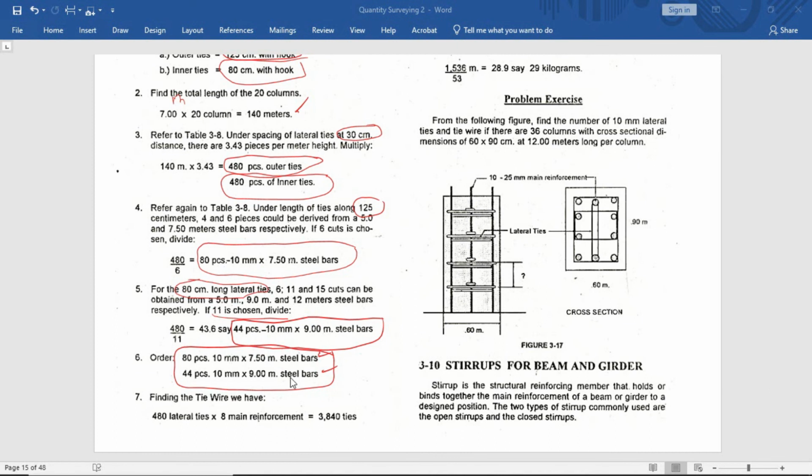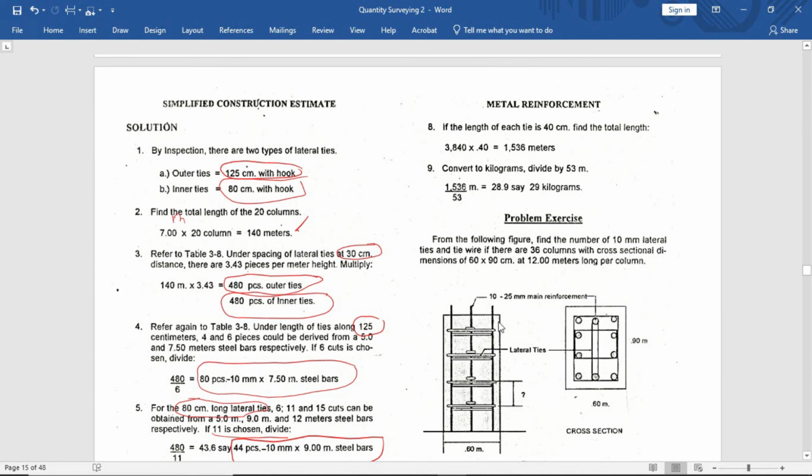After that, we will find the tying wire. Meron tayong 480 lateral ties times the 8 main reinforcement. Naalala nyo na rin naman to. 480 lateral ties times 8 reinforcement is equal to 3,840 ties.